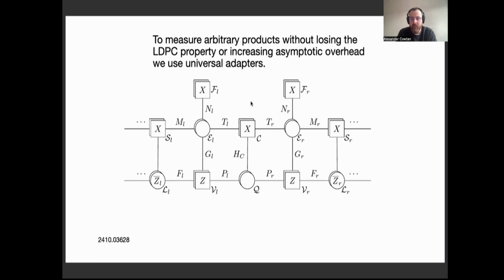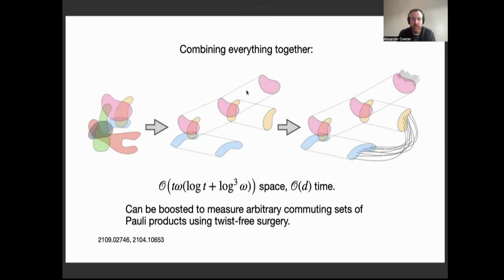And here I've just shown how one might measure, say, a two-body logical operator. But you can chain these together in order to measure higher weight Pauli products without blowing up the LDPC property as well. So if I assemble all of these things together, what the scheme essentially does is it starts off with some set of logical representatives and then branches out the ones which you want to measure, and then introduces either single expander graphs for the single logical qubit measurements or adapters to measure products.